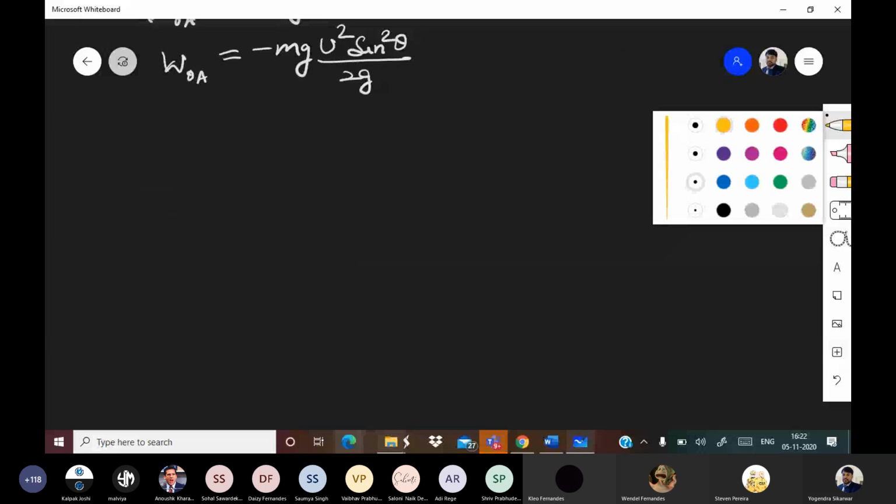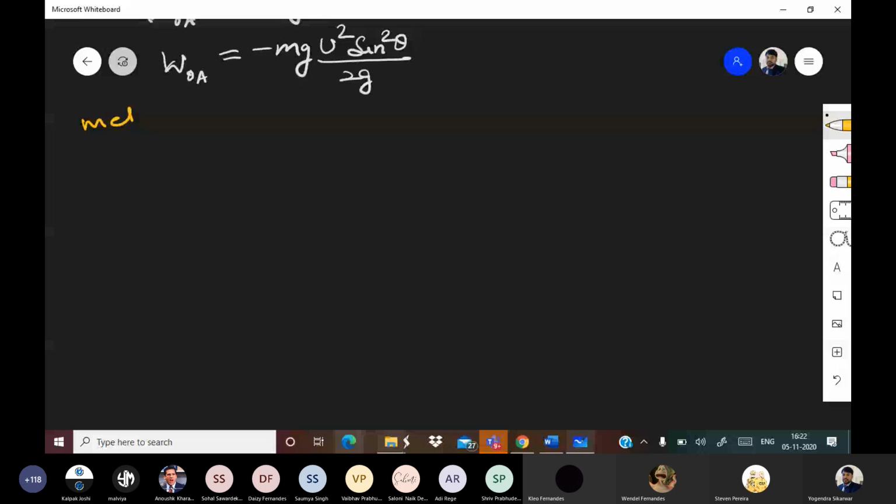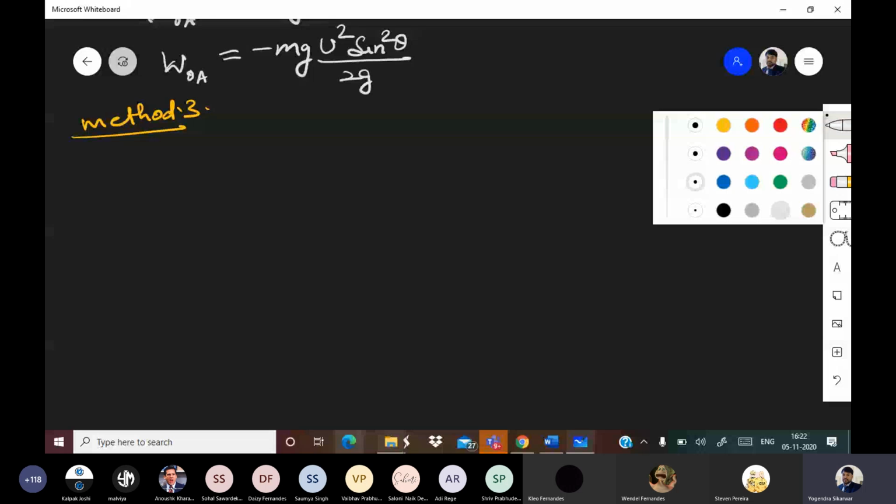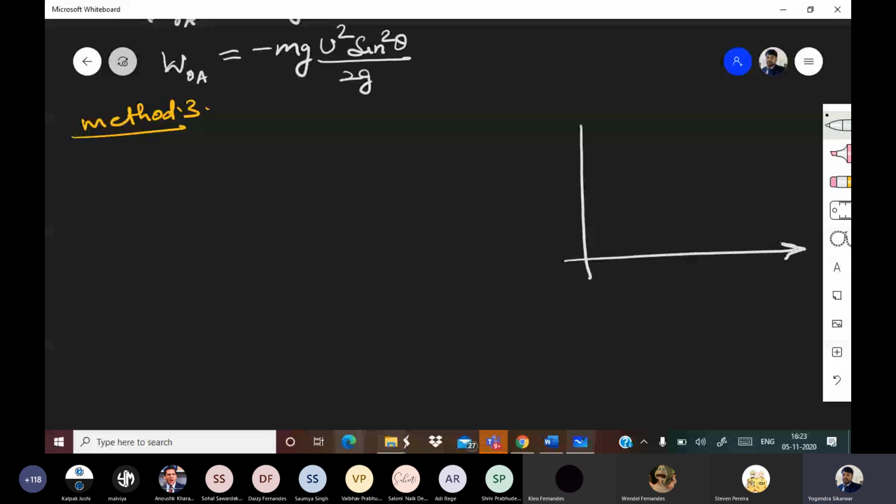Method 3. Again, I'm drawing the diagram separately. So this is O, this is A, this is P, this is theta, this is u, and this is M. So work done.